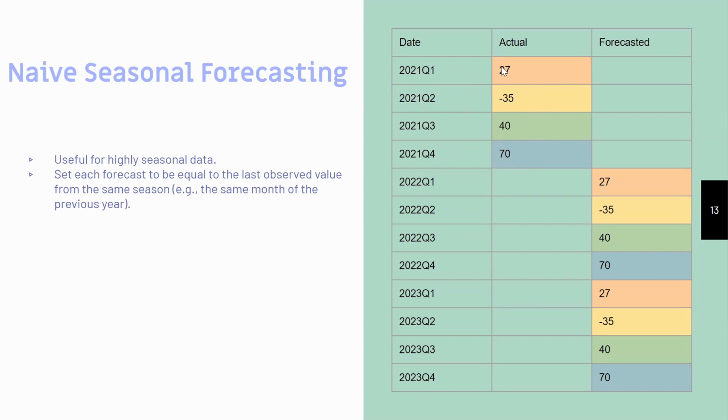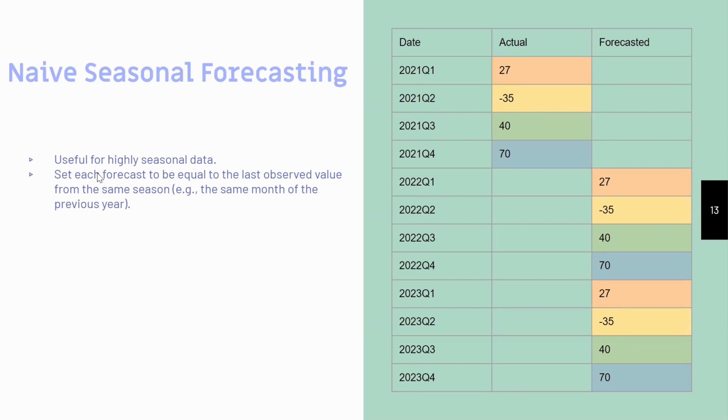So we have quarterly seasonality. These are the values for this year. And how we would forecast with naive seasonal forecasting is that we would just copy and paste that for next year. So quarter one 2022 will match quarter one 2021, quarter two 2022 will match quarter two 2021, and so on, right?